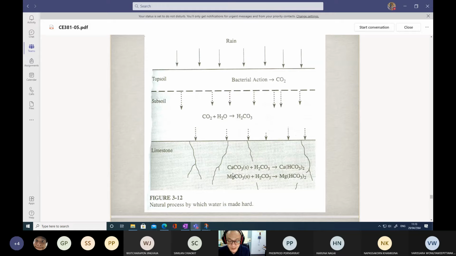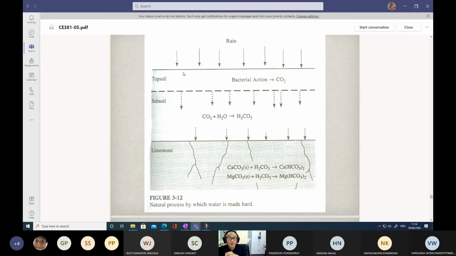How could the hardness actually reach the groundwater? It comes from this phenomenon: rainfall onto the Earth's surface. Part of the rain will seep through the soil. This is the natural process.